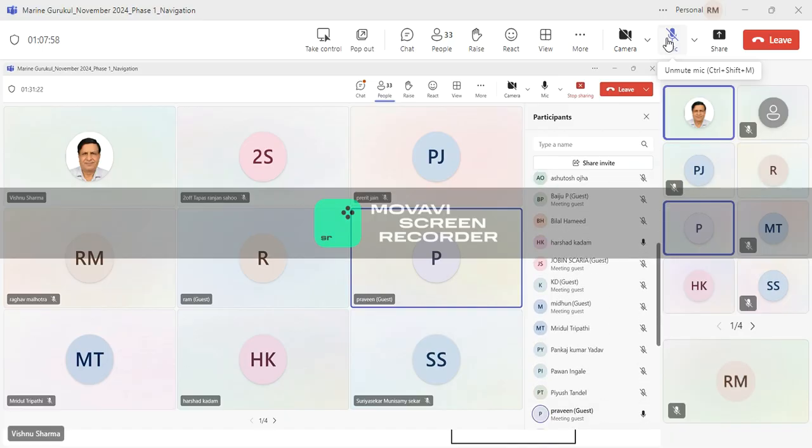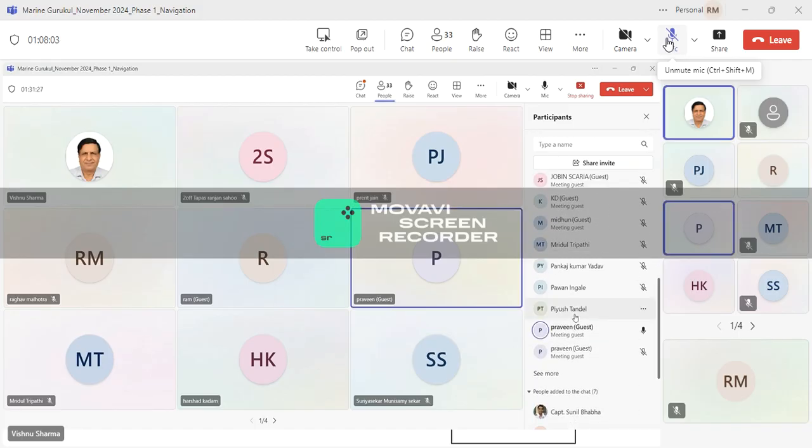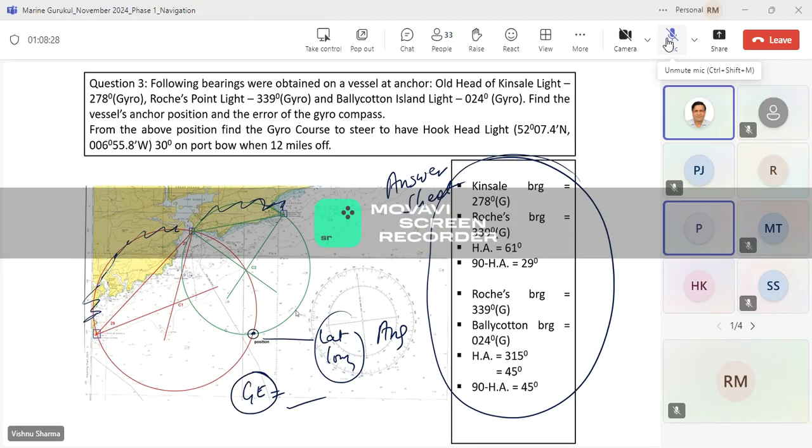I'm not able to turn it on. That is the reason, sir, when you are calling, I'm calling from my phone, sir. Praveen, why have you logged in from two machines? Sir, actually, I logged in on my laptop, but due to unavailability of the microphone, I could not answer there, sir. That is the reason I also logged in on my phone. Sir, there is some technical issue. Get it fixed then. Sir, the issue is happening only today, sir, I will rectify it after class, sir.